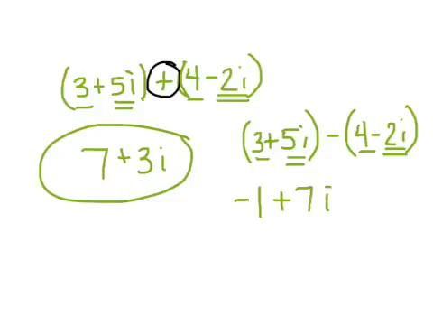Now, typically we write the real part first and then the imaginary part second. However, I have seen people put that answer as 7i minus 1 because they like to see the positive in front of the negative. That is okay because of the commutative property, but typically we write the real part first, and then the imaginary part second.